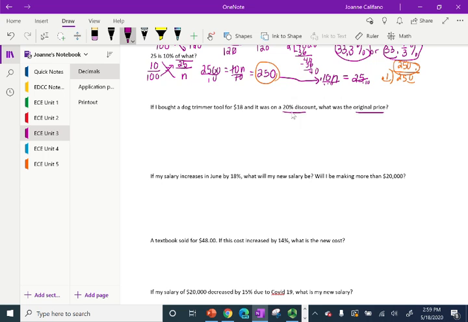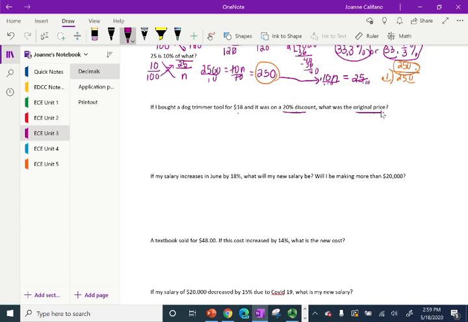So 20% of 18 is not the same number as 20% of the original price, right? If I gave you 20% of $10 and I gave someone else 20% of $1,000, who would get more money? They would not be the same amounts of money. If you're not multiplying the 20% times the same number, it'll give you a different amount.